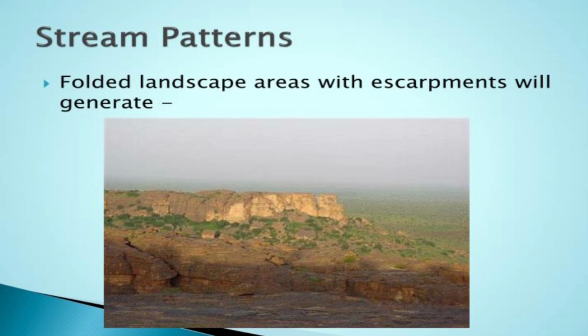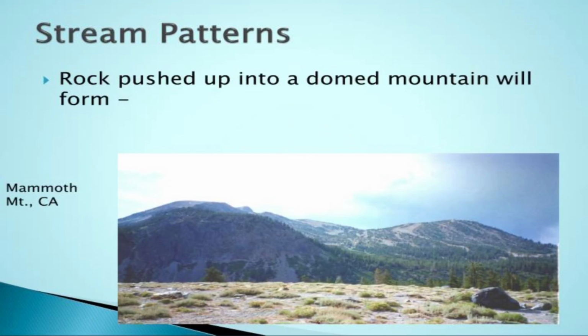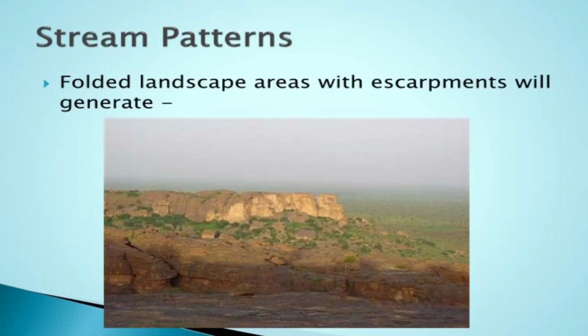The trellis drainage pattern develops in areas where hard and soft rocks occur in roughly parallel bands. The consequent stream, meaning the main river, follows the direction of general slope, while the tributary streams flow in the direction of strike and meet the main stream at right angles.